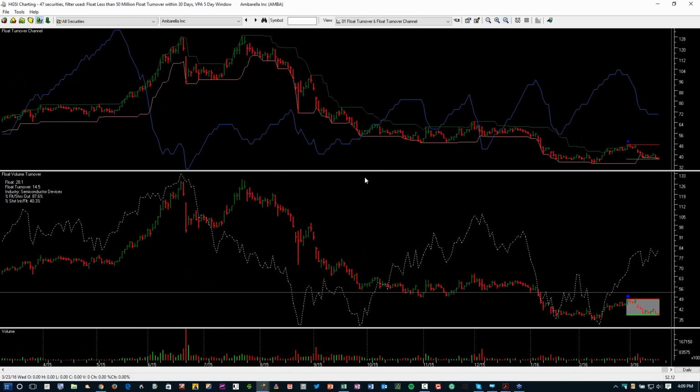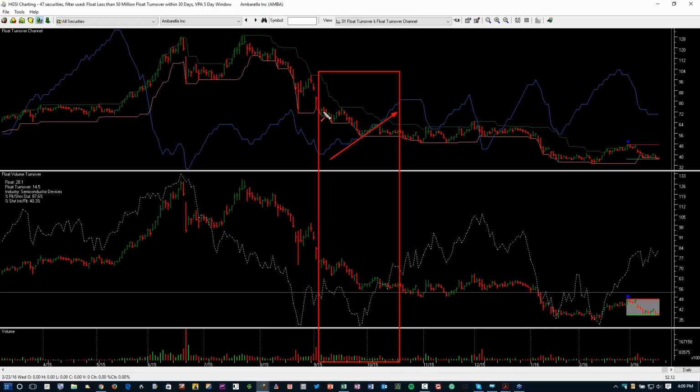As you can see as I zoom out of this, there are multiple periods during the downdraft where this stock was going down sharply here, and you can see that the volume was going up at the same time, and then it turned quiet right here.